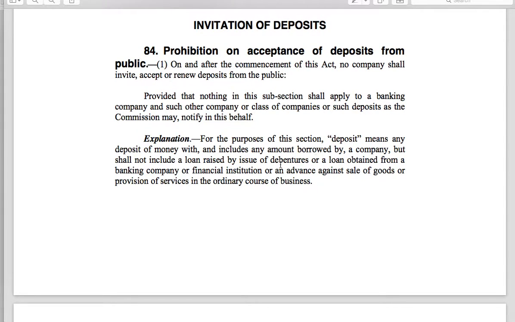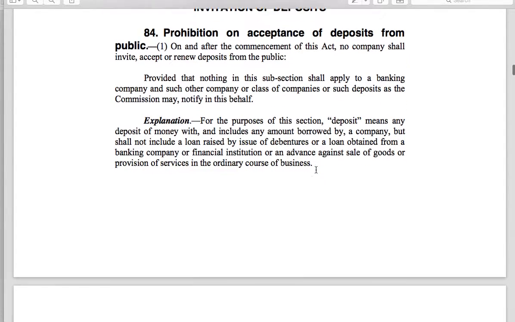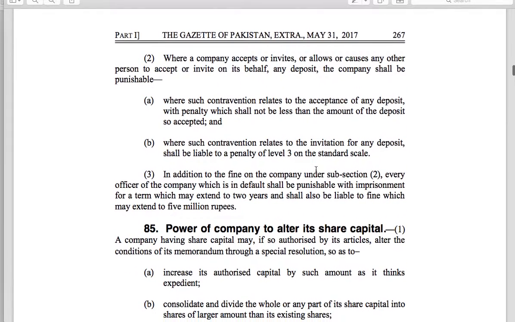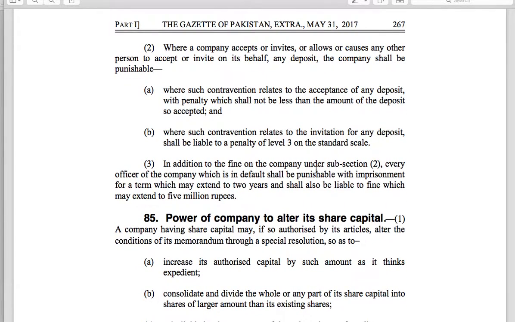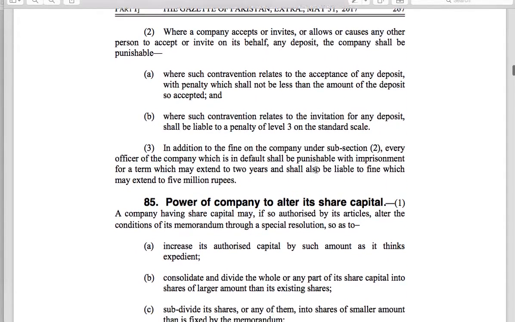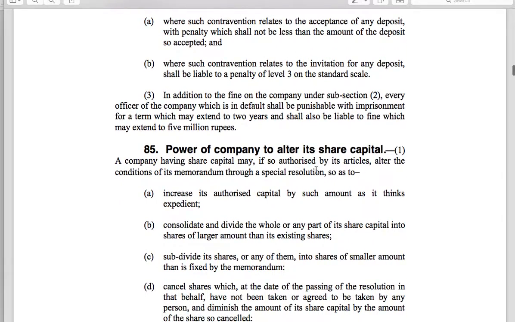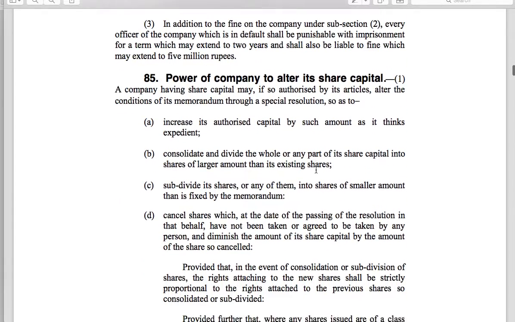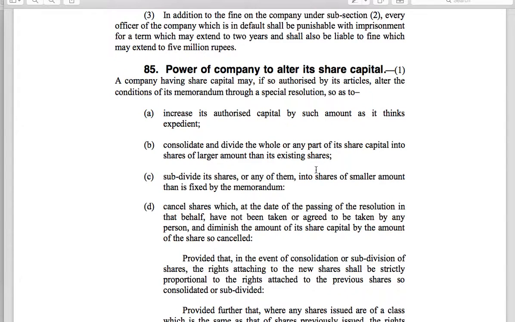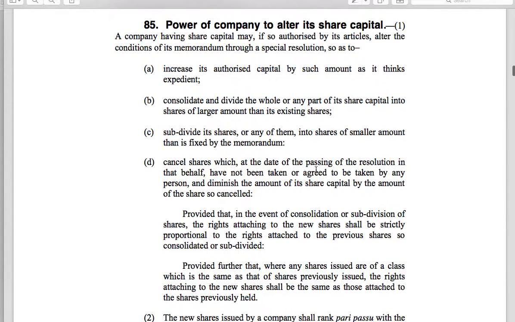But if they are specialized companies, banking or non-banking, then there are other special laws in conjunction with this company law. So they also have to follow company law while incorporating and setting up, and then they also have to follow those special laws if you are setting up a special company. And you may also have to get permission from the State Bank if you are incorporating a banking company or a non-banking financial institution.